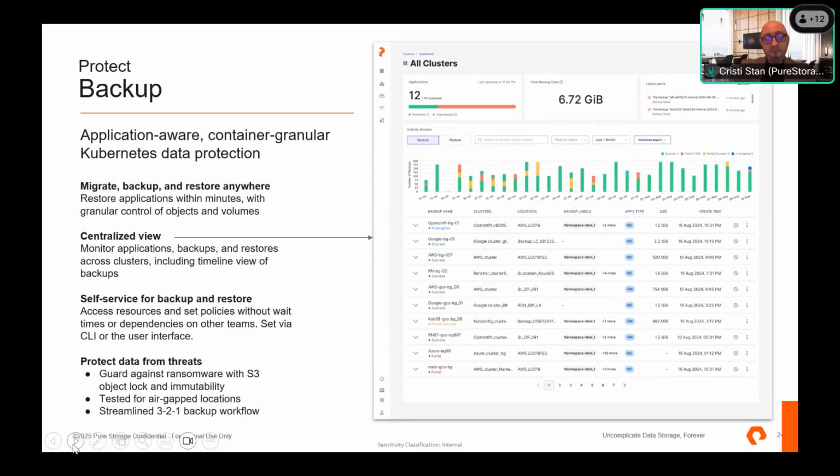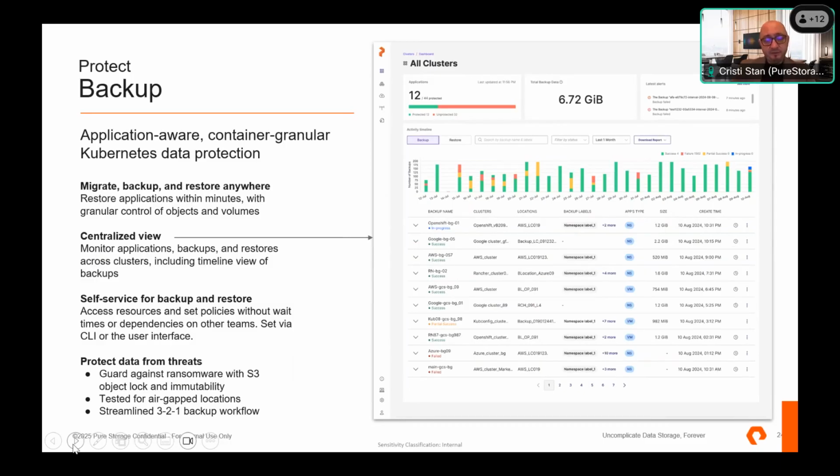Now, backup, it's important because a lot of customers I'm seeing, they're trying to build their own solution for backup at some point, which is a lot of scripting, a lot of, let's say, data movement, manually data movement. With Portworx, it's pretty simple. You just need to have the backup component running and an S3 or NFS target, and we can do the backup.